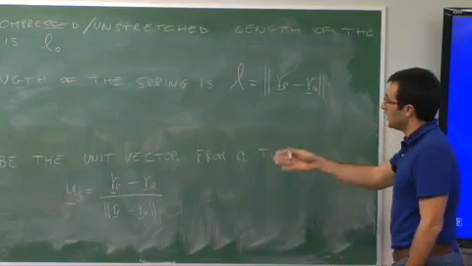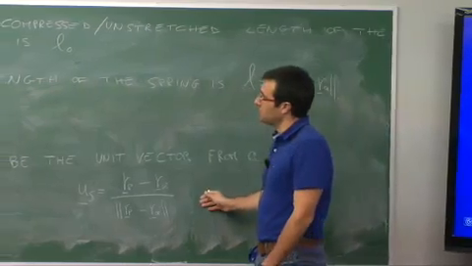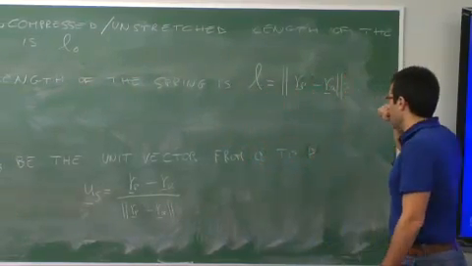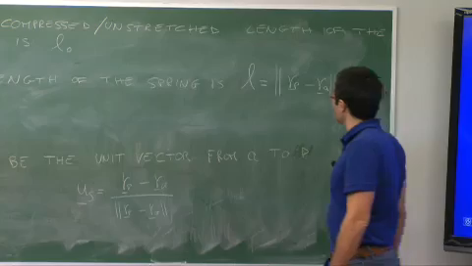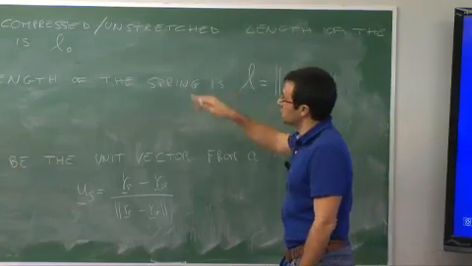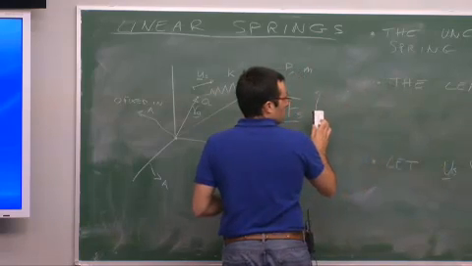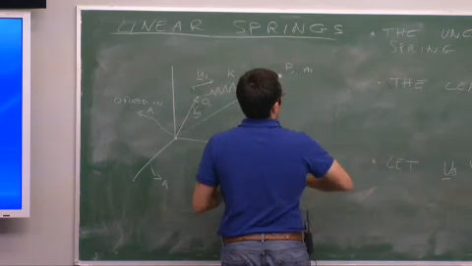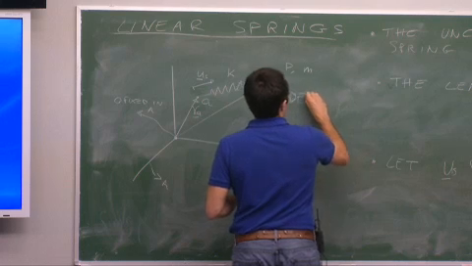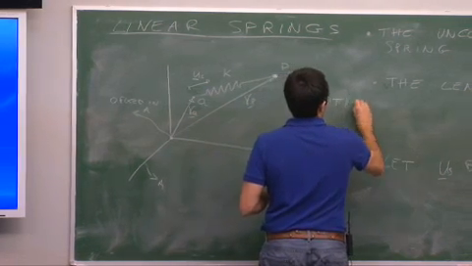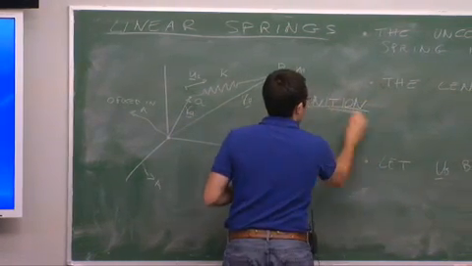Okay, so what else do I need? I have the constant k, I have the direction from the point of attachment to P, I have the length of the spring, the actual one, the unstretched one, so I can define this f of s. Remember, these are models. I define these things.